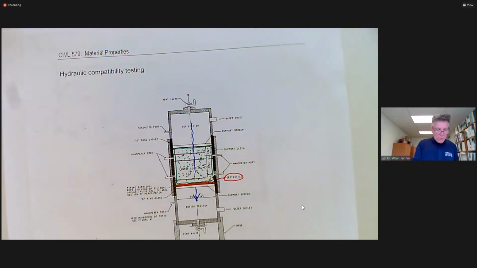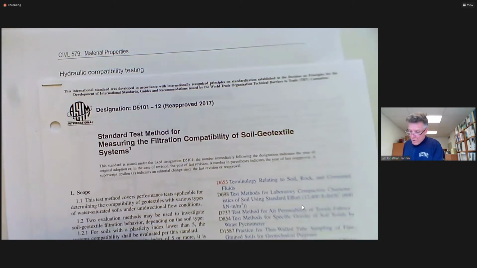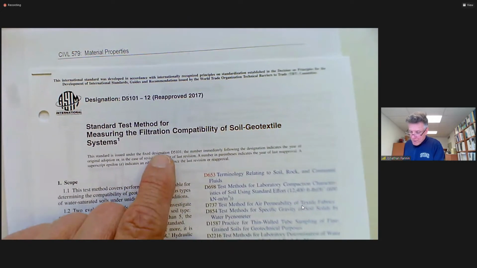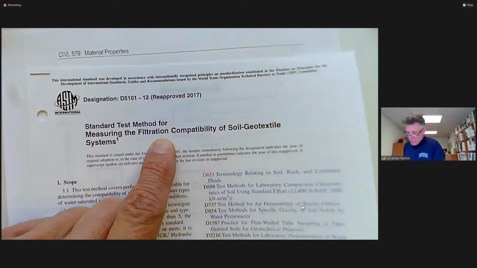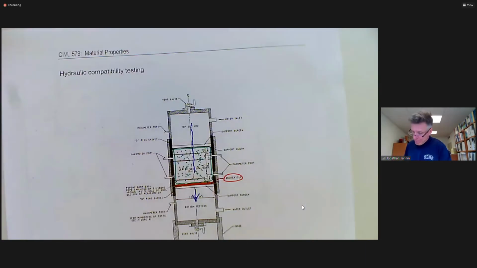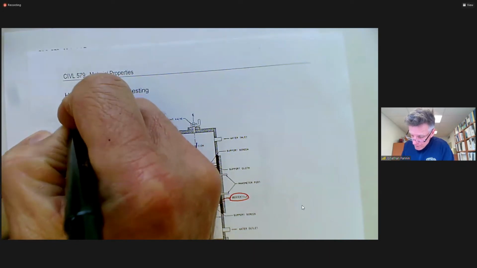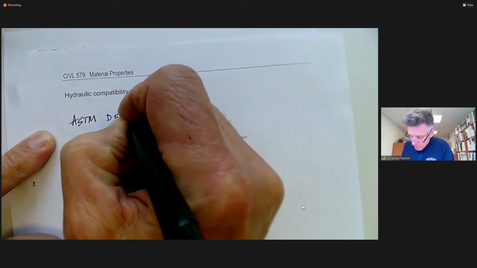I'm not going to go into too much detail for reasons that will become apparent, but I want to give you a sense of the basis for its interpretation. If we give it a name, it's ASTM D5101.